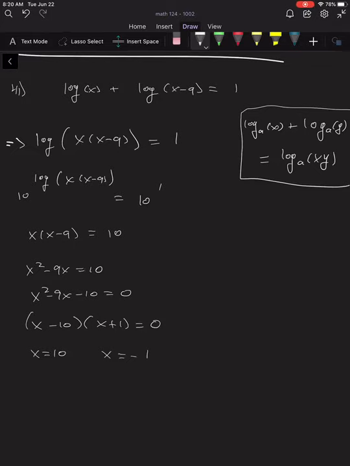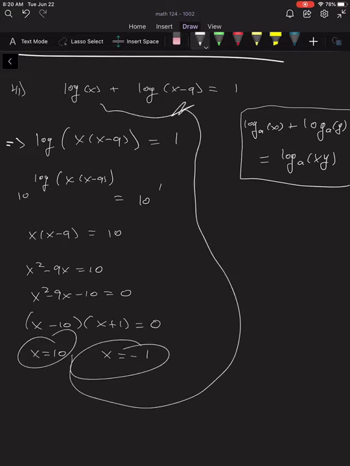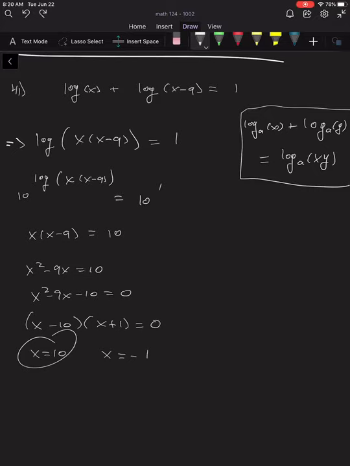But we need to make sure that if we plug either of these answers into the x values up here, we do not get negatives on the inside of the log. If we plug in 10, we're okay. If we plug in 10 here, we'll get log of 10, so the inside's positive. And if we plug in 10 right here, there's 10 minus 9, which is 1. That's still positive, so that's okay.